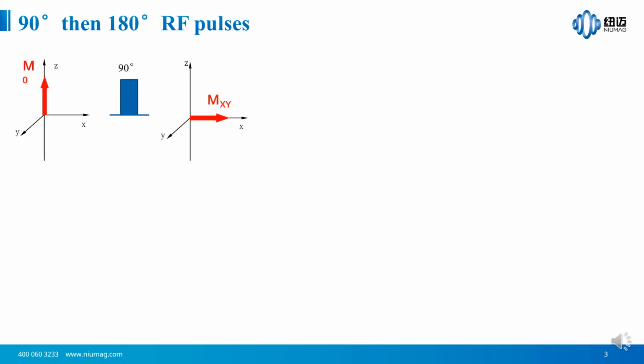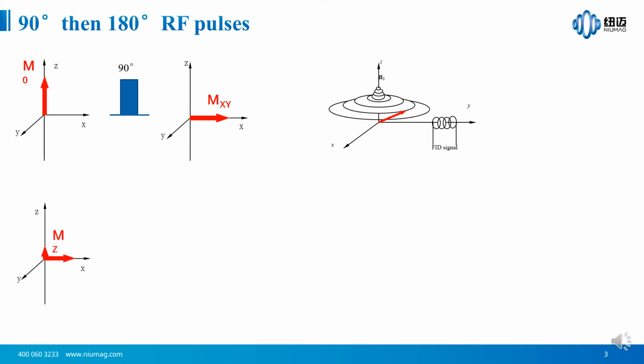After the 90 degrees pulse, the transverse magnetization vector is generated, allowing us to detect the NMR signal afterwards. After the 90 degrees pulse, the longitudinal magnetization vector recovers from zero and the transverse magnetization vector decays from the maximum.